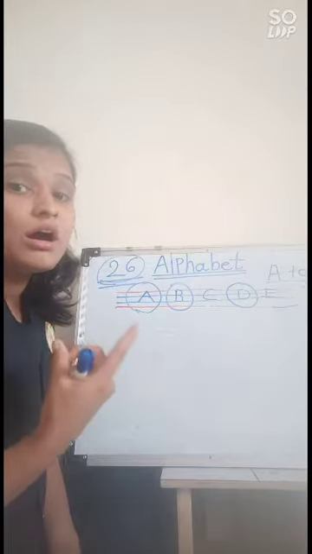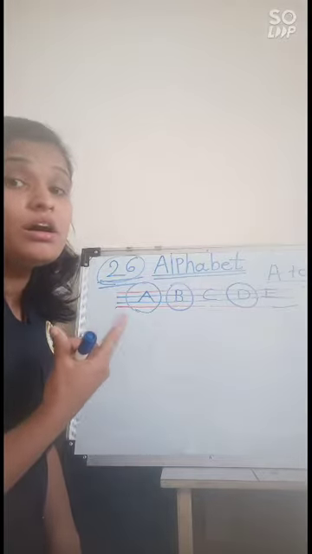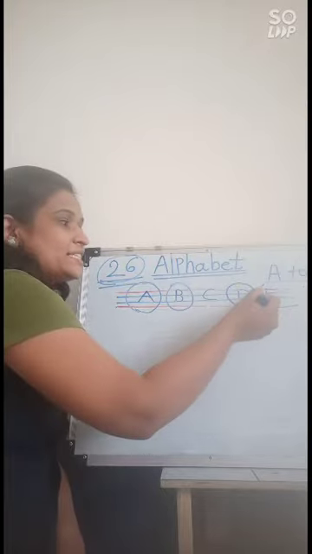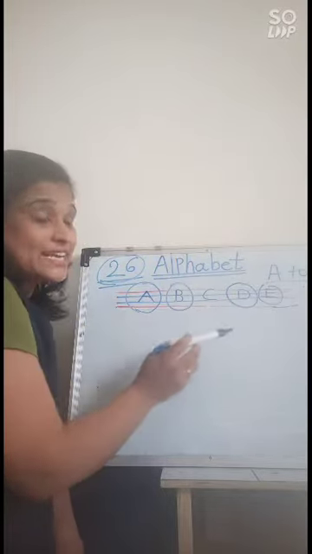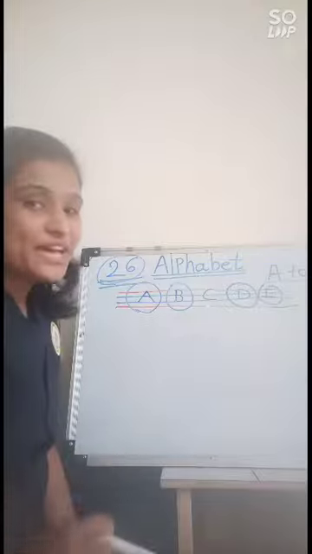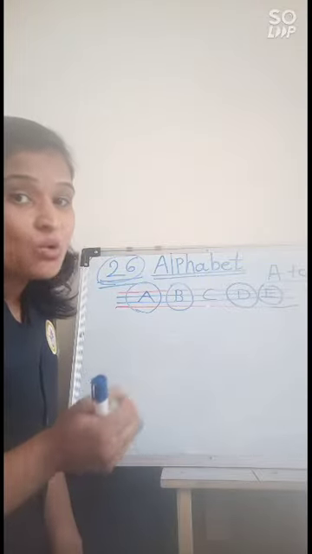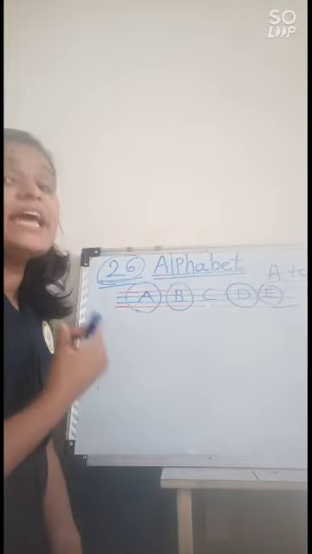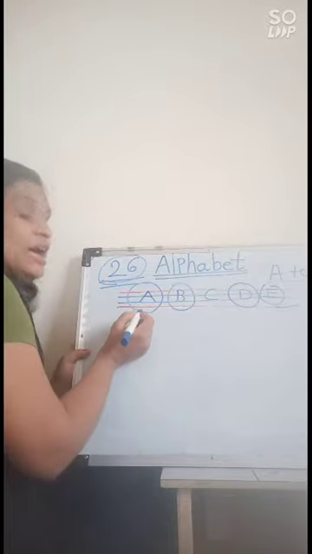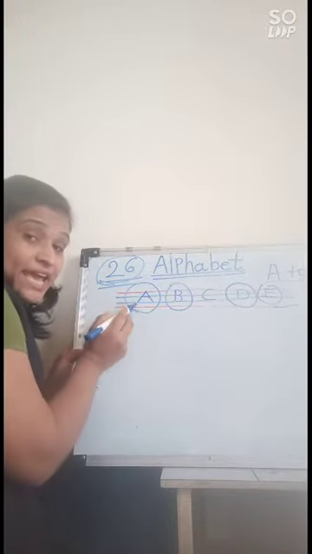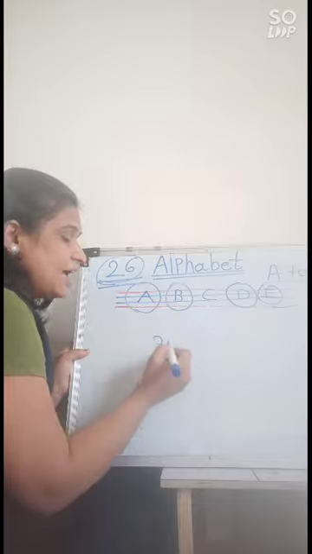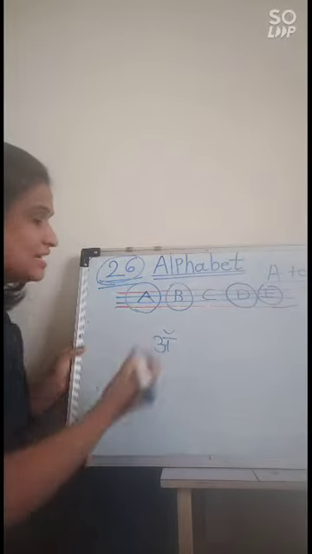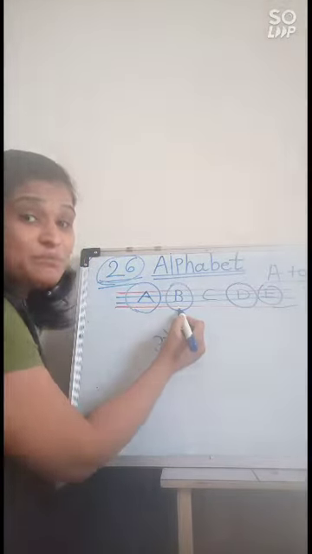D. And the last letter is E. How can we say E in phonic sound? E.